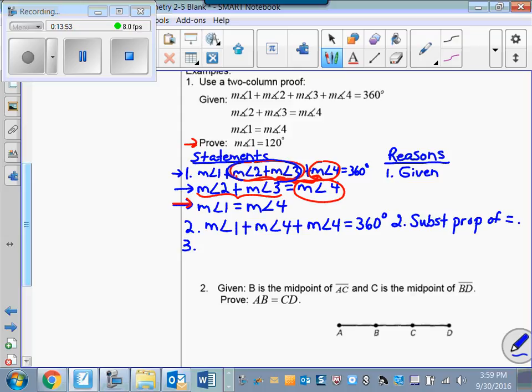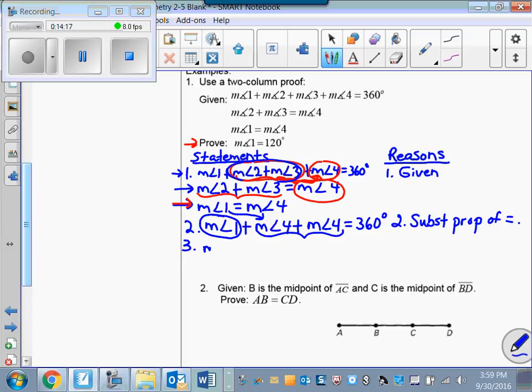All right, so now I've got measure of angle 1 equals the measure of angle 4. So what I think I need to do here, I'm trying to prove something about the measure of angle 1. So I don't want to replace this measure of angle 1 with the measure of angle 4. What I want to do is replace these 2 measures of angle 4 with the measure of angle 1.